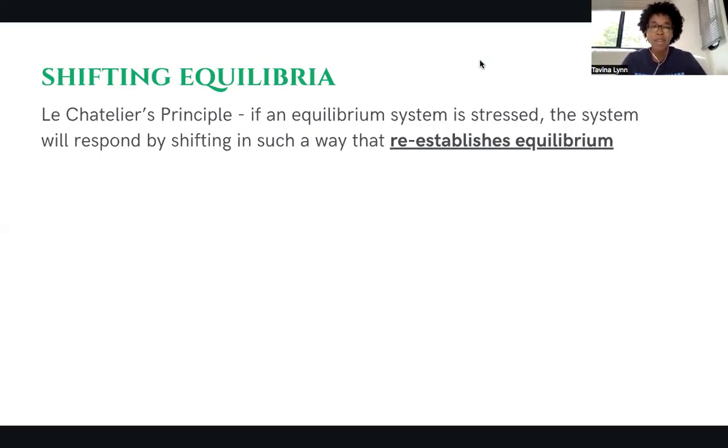If we think about it just from a biological standpoint, which is all connected, our bodies are naturally designed to achieve homeostasis.